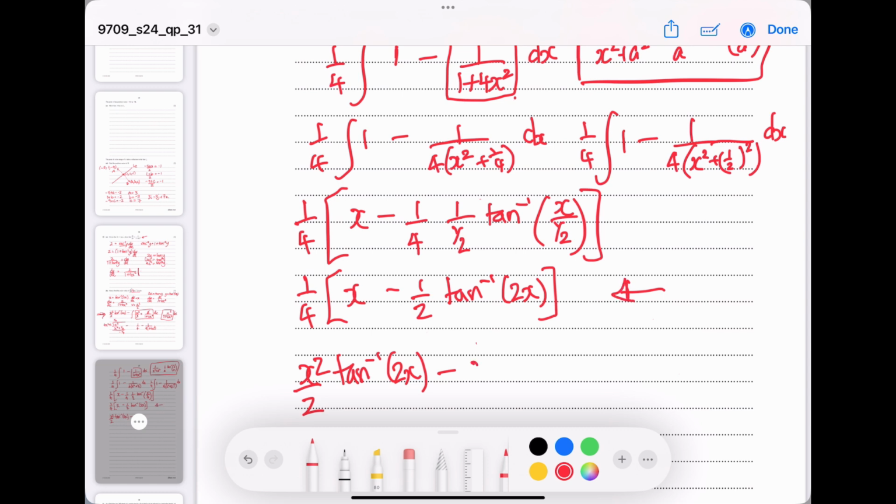So we've got minus x over 4 now plus 1 over 8 tan to the minus 1 of 2x.